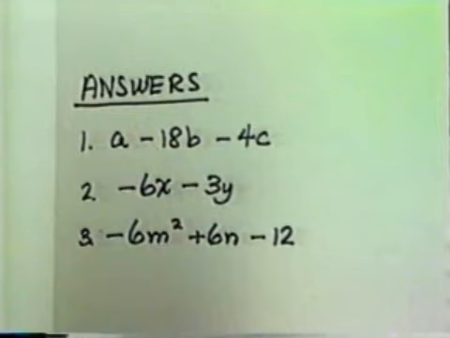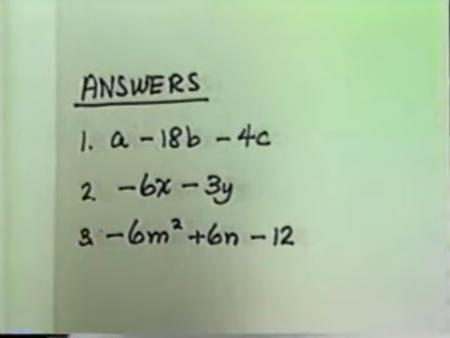Your answers should be A, subtract 18B, subtract 4C. For number 2, minus 6x, subtract 3y.